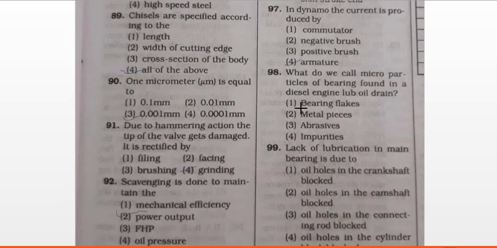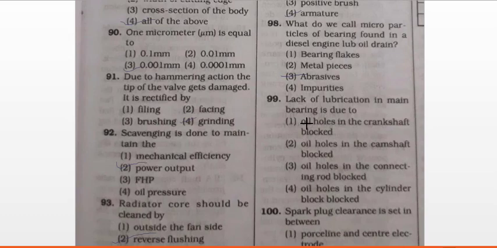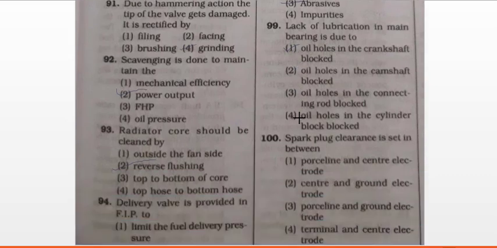What do we call microparticles of bearing found in a diesel engine lube oil drain? Abrasives. Lack of lubrication in main bearing is due to oil holes in the crankshaft blocked.